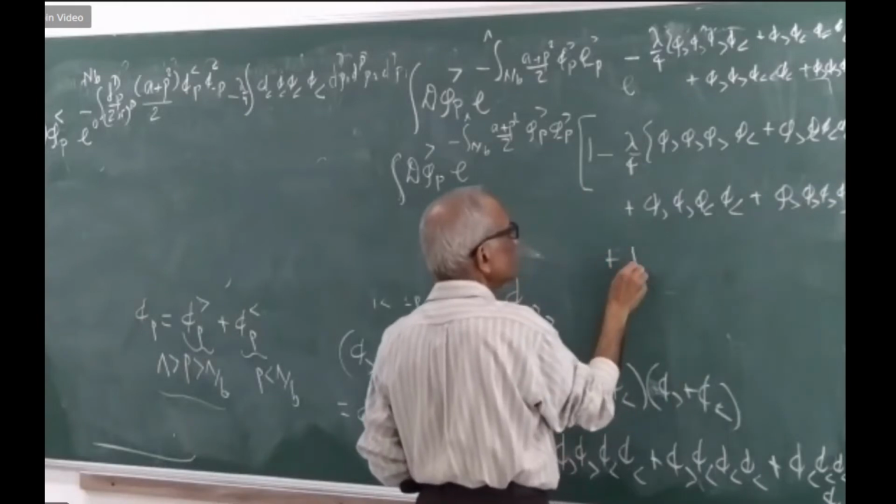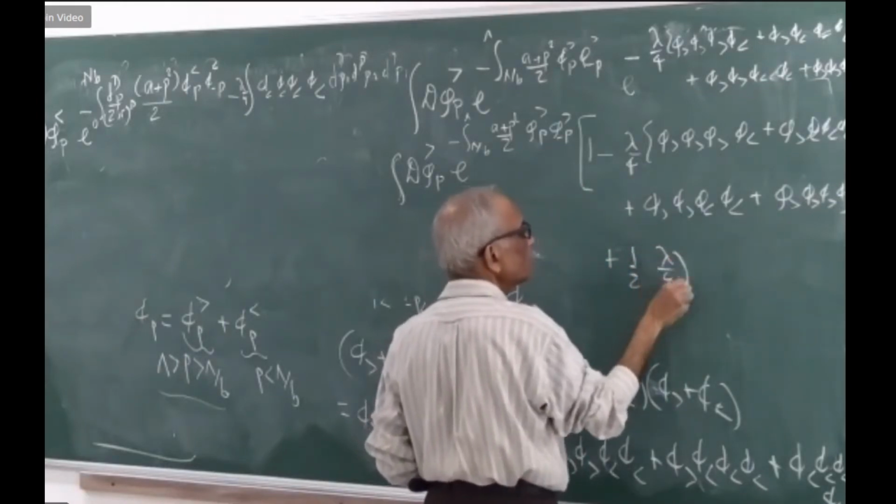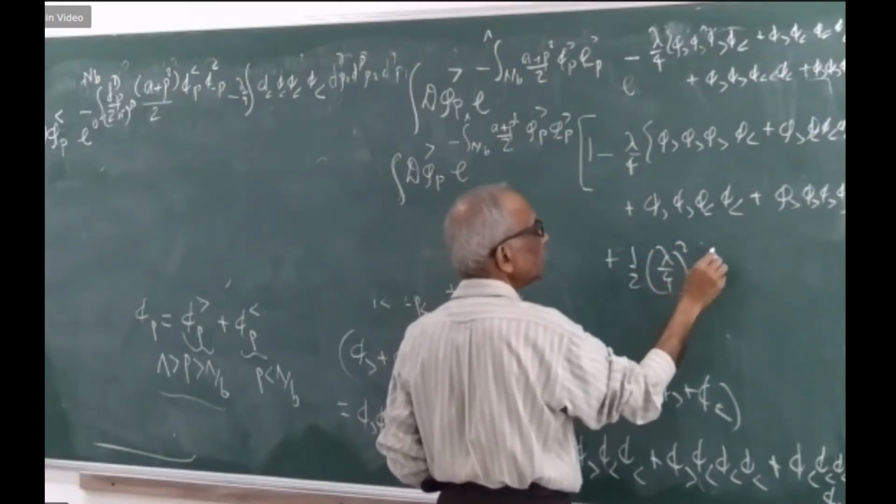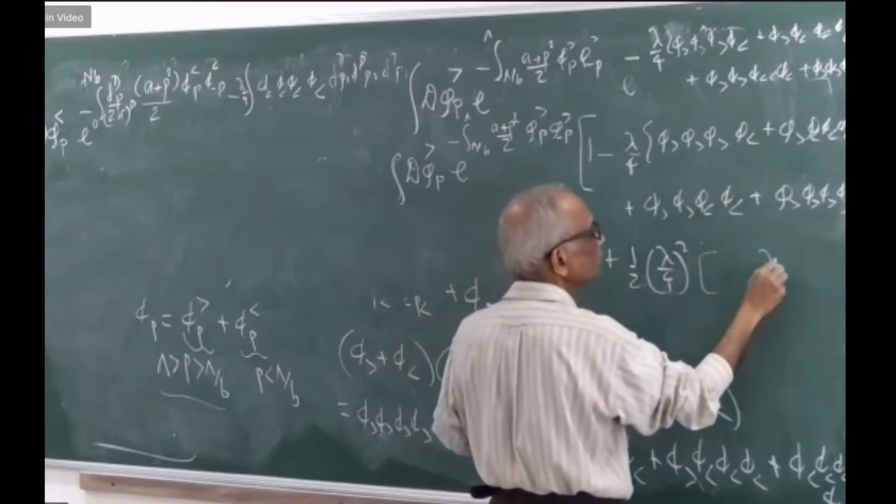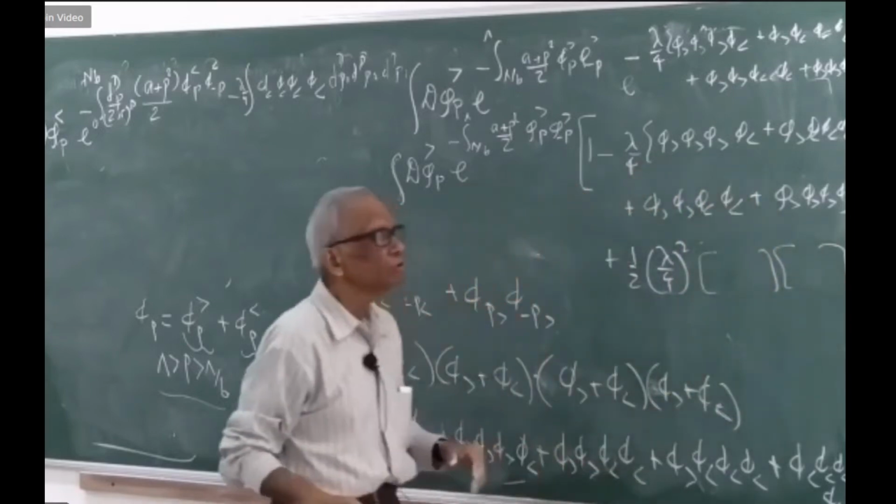And then it is plus half lambda over 4 squared, and then there will be 2 factors of this kind.